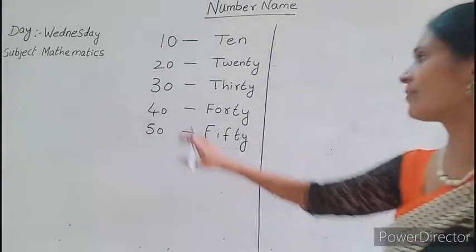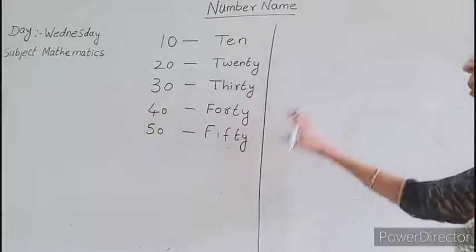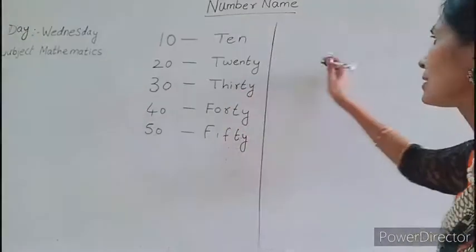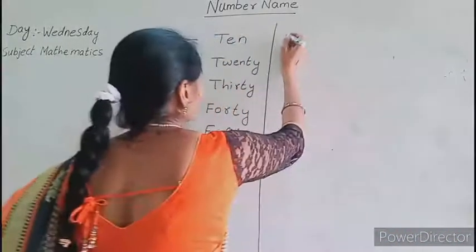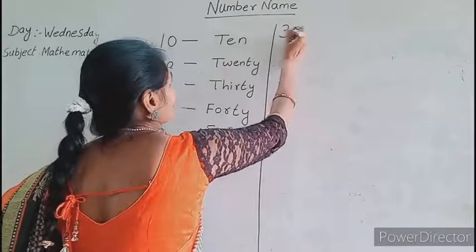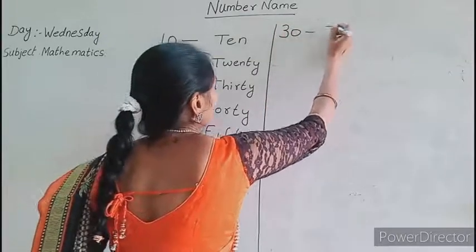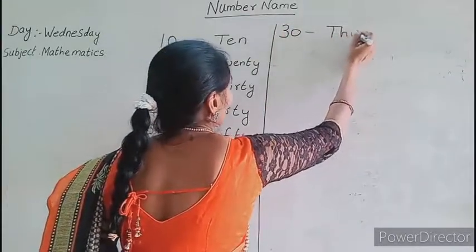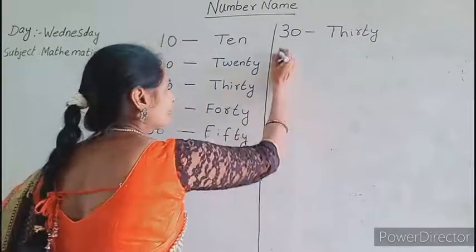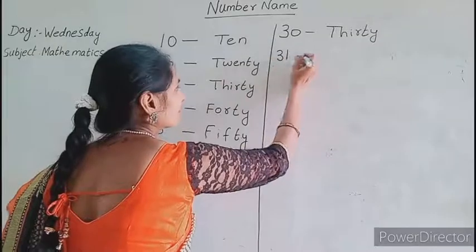Yes, now we will write number names from 31 to 40. For that you have to write the spelling of 30 first. T-H-I-R-T-Y, 30. Okay, then 31.